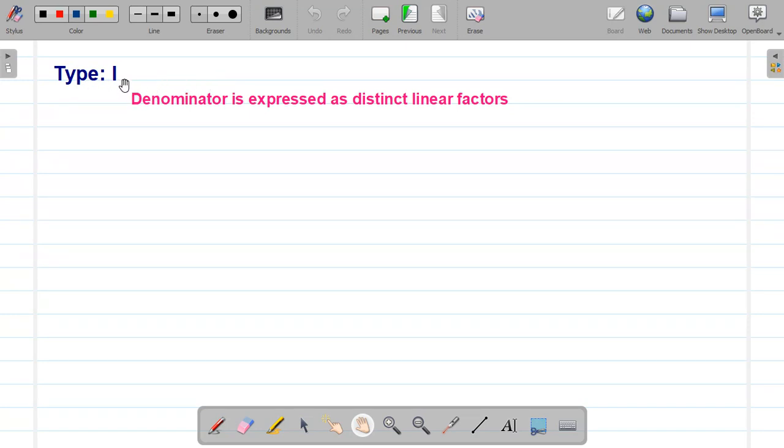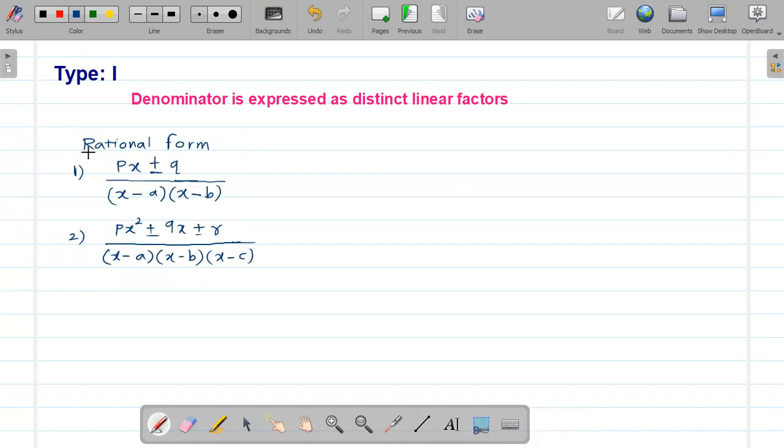Type number 1 is where the denominator is expressed as distinct linear factors. If the denominator of the given function is expressed as distinct linear factors, then we use the partial fraction method to evaluate the integration. We will take one example for it.